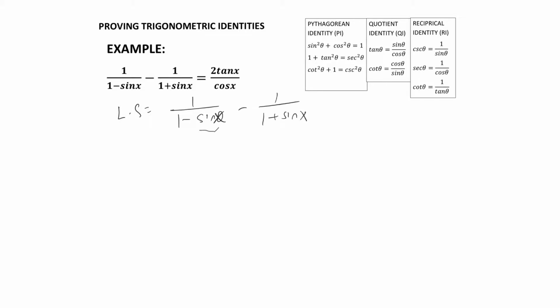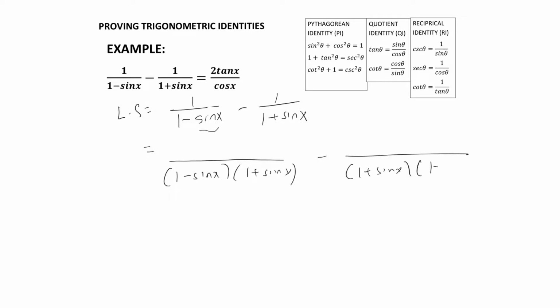So in other words, we need to find a common denominator to combine these two expressions together. So you have 1 minus sine x, 1 plus sine x for the first fraction. The other one, which I need more room, 1 plus sine x, and here's 1 minus sine x.